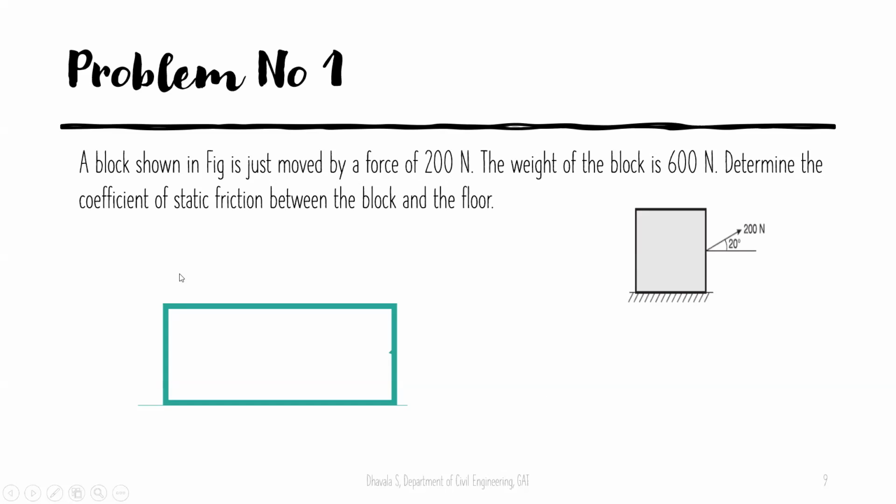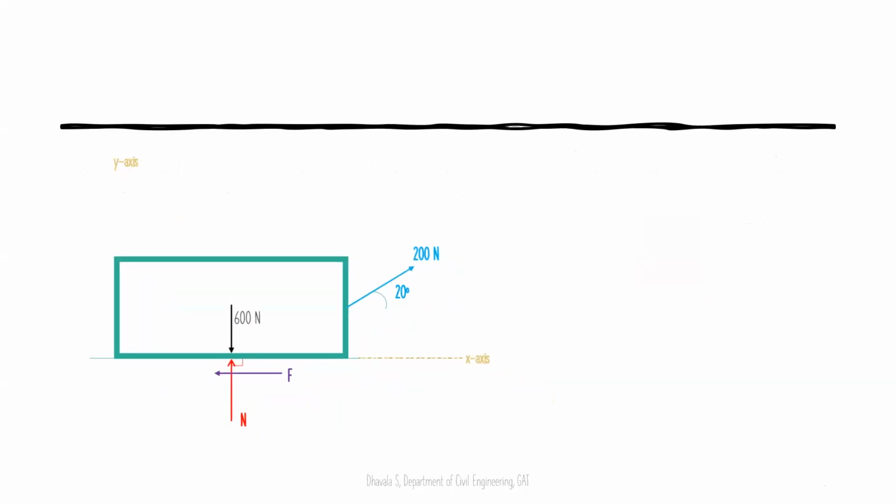Now let us write the free body diagram before solving the problem. 600 Newton is the weight of the block, and in the opposite direction to the weight, we have the normal reaction. The force is being pulled at an angle of 20 degrees, and the friction acts from right towards left. The reference axis is chosen this way.